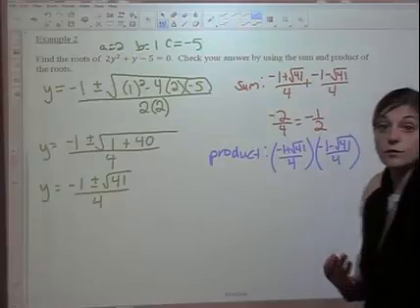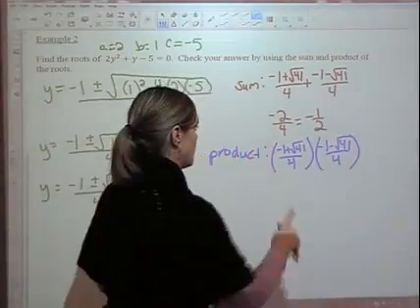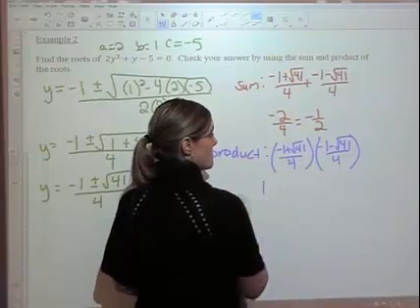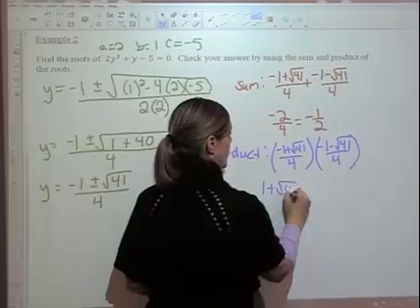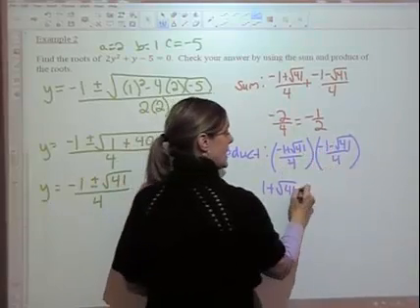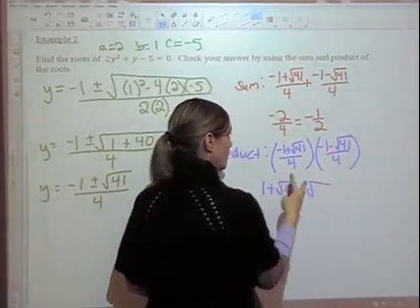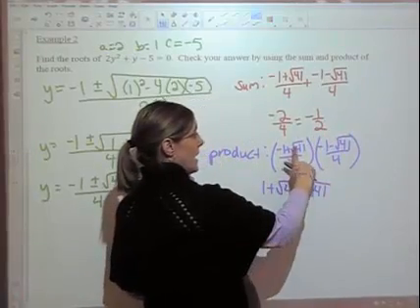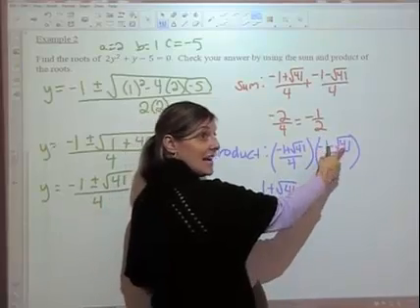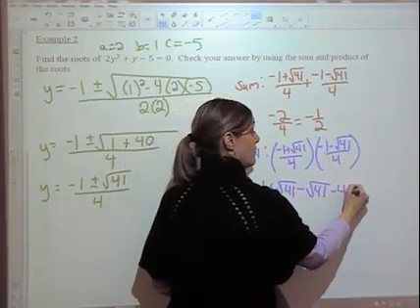All right, so now we need to distribute to multiply it. So we have negative 1 times negative 1 is 1. Negative 1 times negative square root of 41 is positive square root of 41. Square root of 41 times negative 1 is negative square root of 41. And then square root of 41 times negative square root of 41 is negative 41.